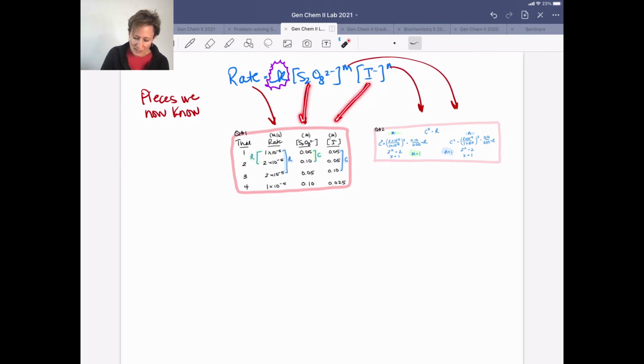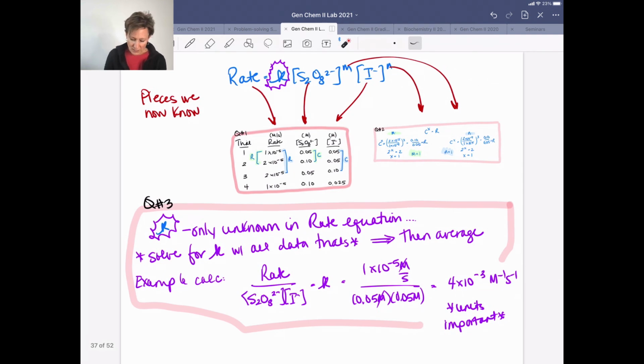We have the concentration data that we used in our experiment, and we have the rate data. So we can calculate the rate constant by choosing any one of the trials, putting in the relevant pieces of information and solving for K. K is then the only unknown in the rate equation. We are going to solve for K using data from all of the trials and then average them together.